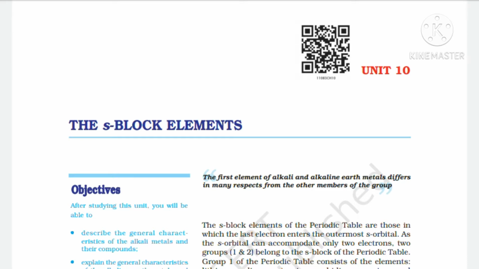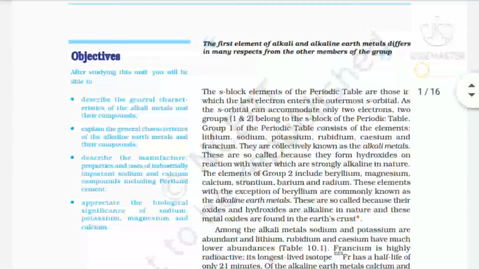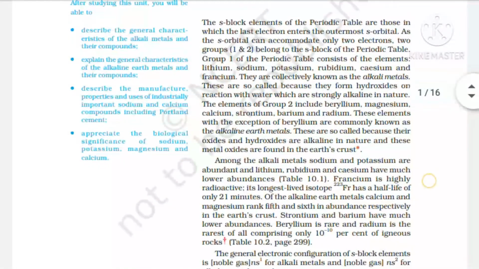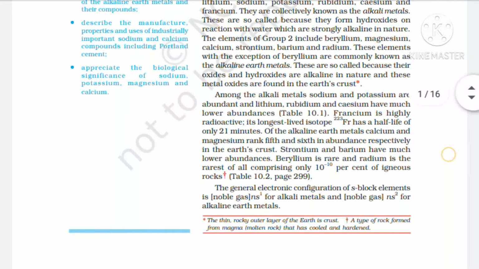As the s orbital can accommodate only 2 electrons, two groups, first and second, belong to the s-block. Group 1 consists of the elements lithium, sodium, potassium, rubidium, cesium and francium. They are collectively known as the alkali metals.